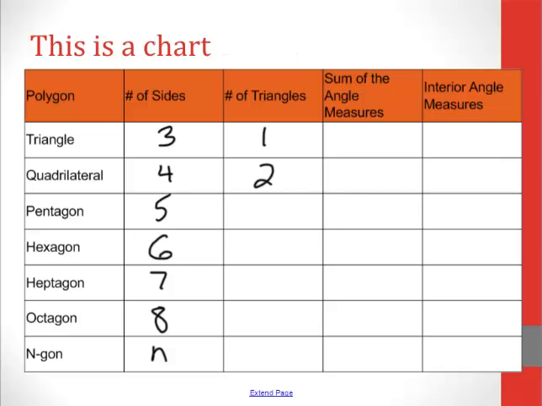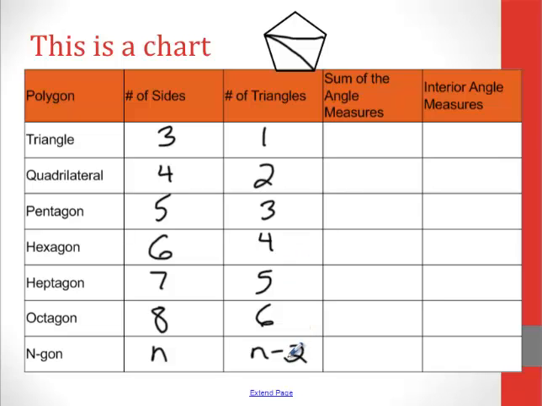When we look at a pentagon, if I take a pentagon, how many triangles can I split that into? I can split it like that into 3 triangles. And if you see a pattern, 3 minus 2, 4 minus 2, 5 minus 2, so let's keep going, 6 minus 2, 7 minus 2, 8 minus 2, and then n minus 2.